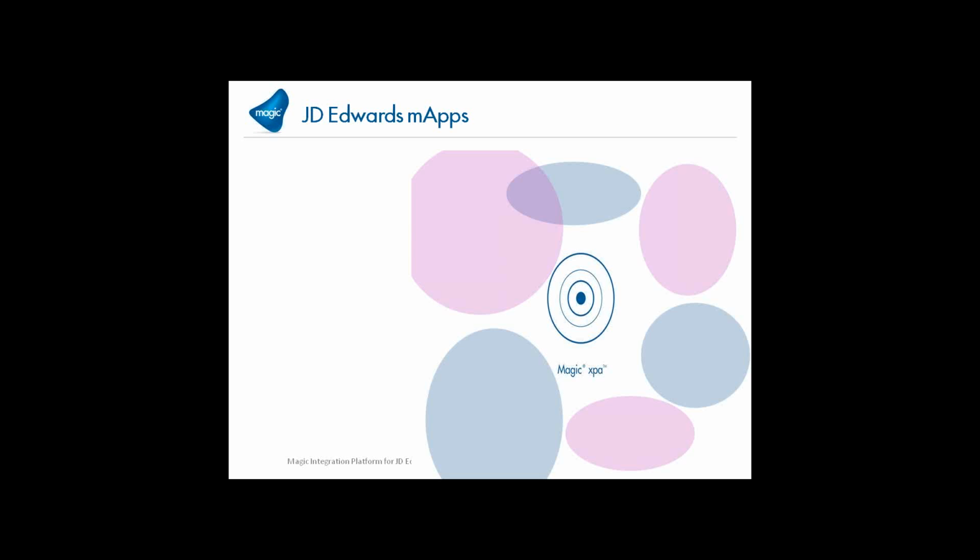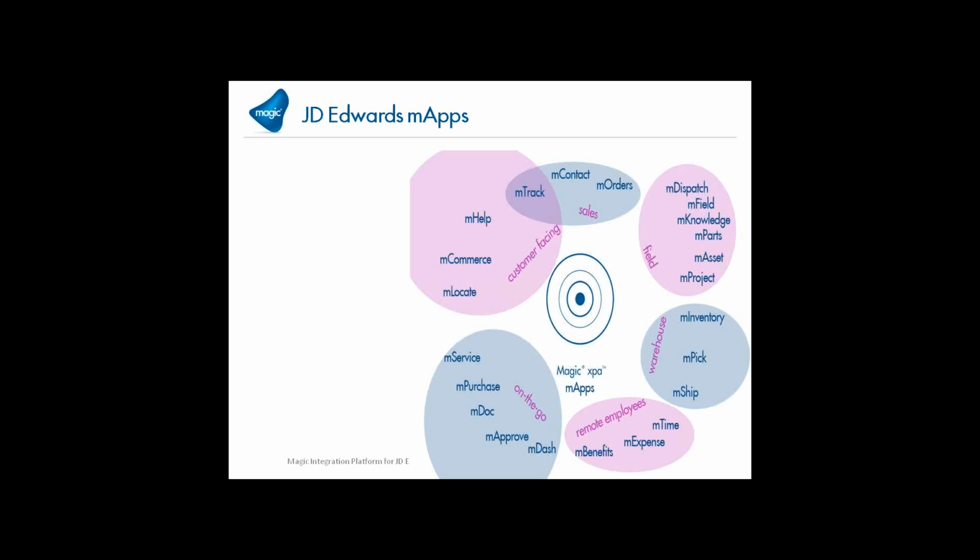And so as we look at these JD Edwards mobile apps, we can see that there are a number of areas where apps can be extremely useful in our organization, whether those are apps that face salespeople or customers or field-based field service employees. Maybe mobile apps are being used in the warehouse or by remote employees, or simply by employees who are on the go at the time that they're utilizing the app.